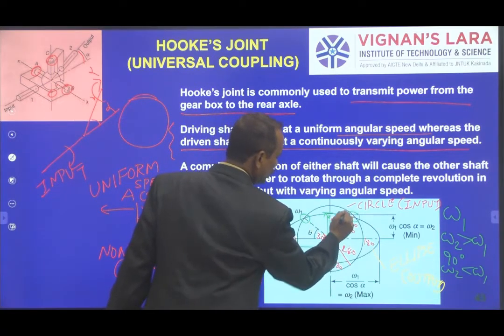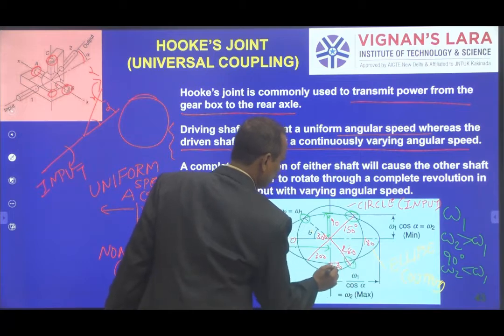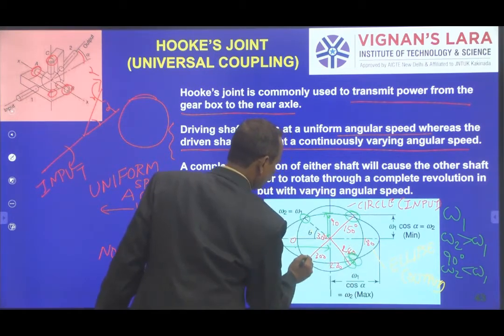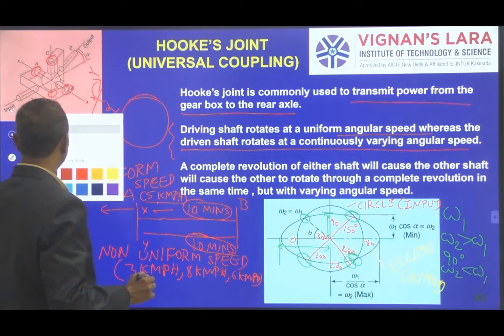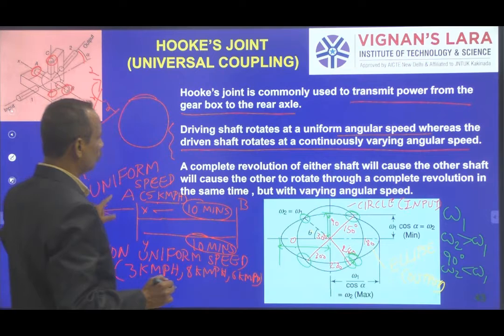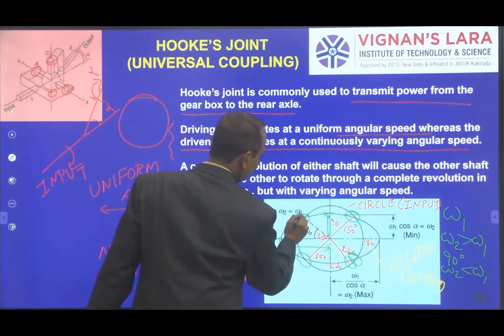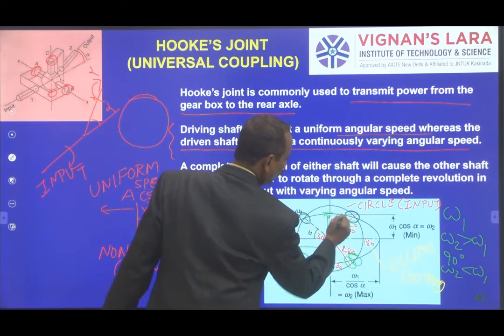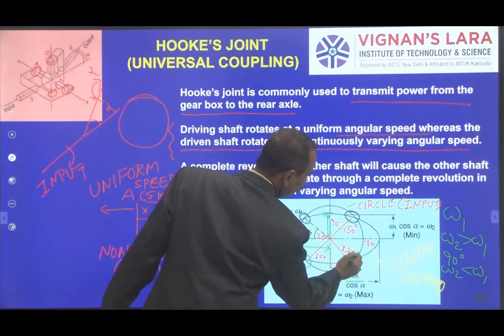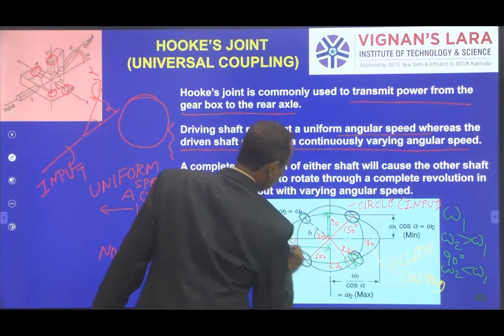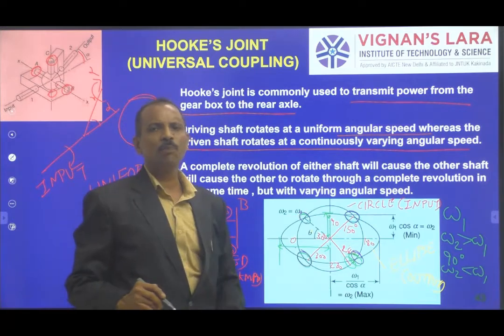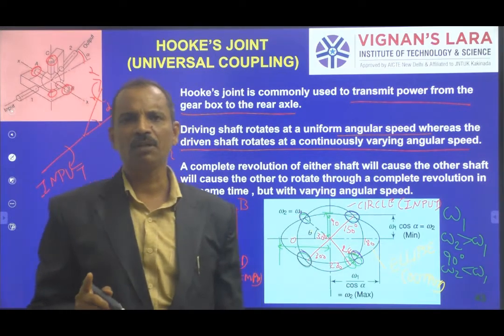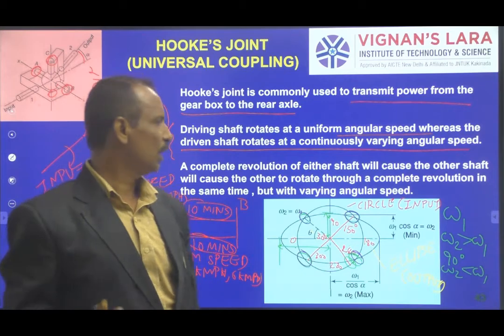This is another point. These four instances will give you four points where both input shaft and output shaft will rotate at the same velocity.